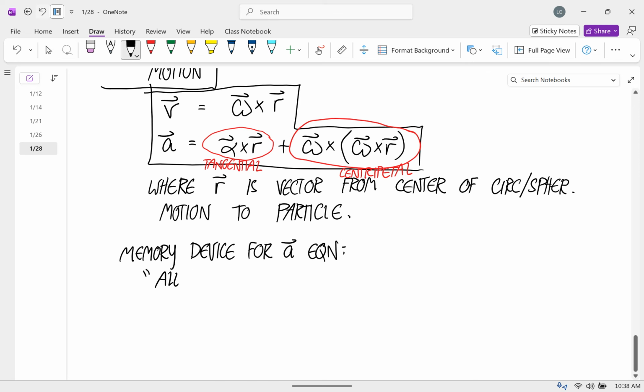All ripe watermelons will rot. Okay, so A for alpha, R for r, W for omega, W for omega, R for r. Somebody once complained that was really pessimistic and they preferred all ripe watermelons will rock. So you can use that too.